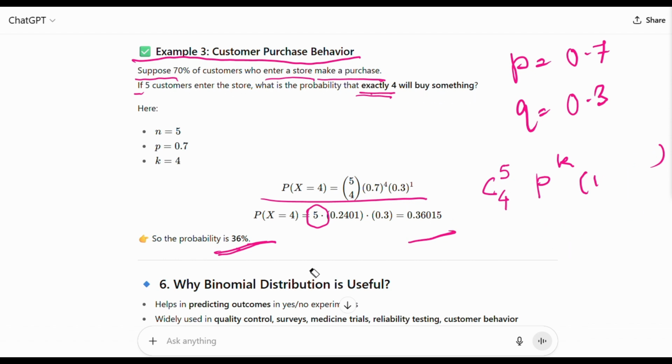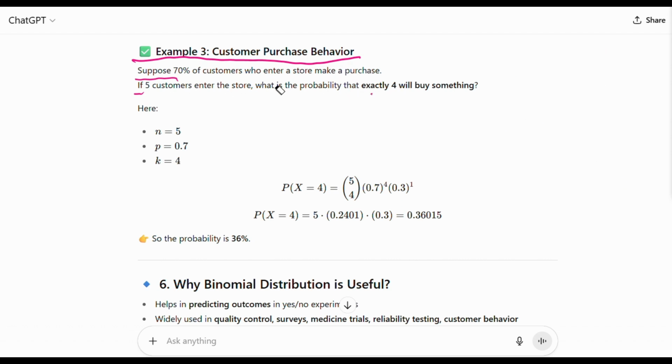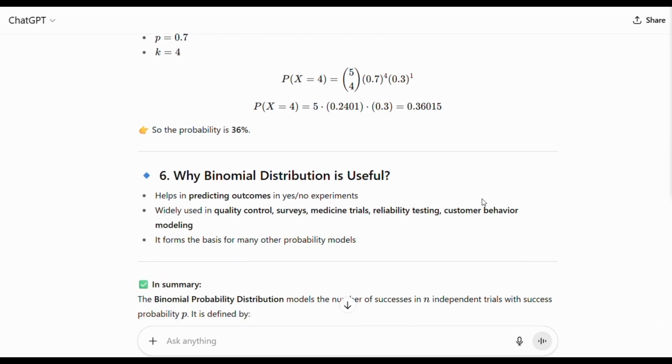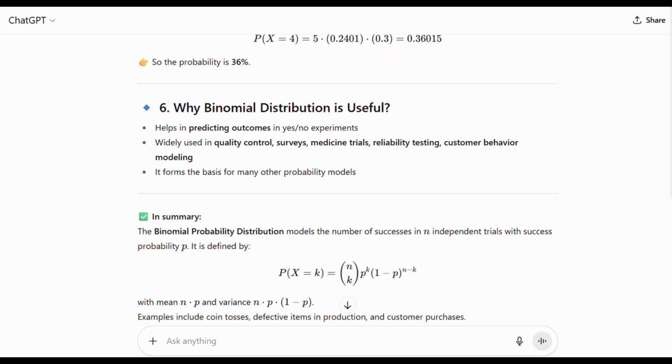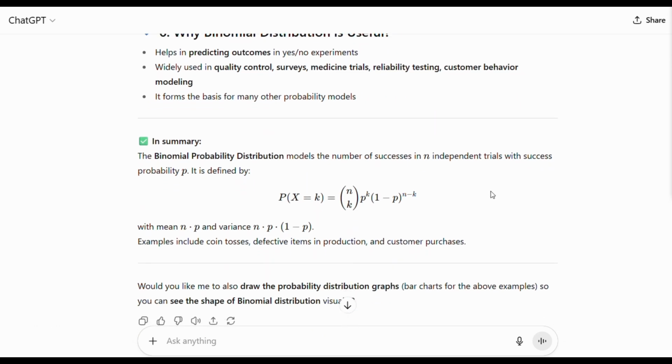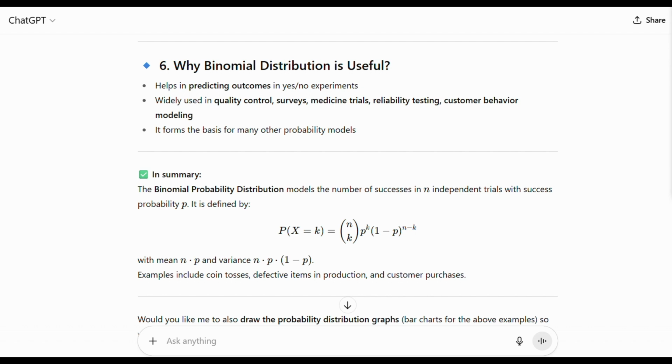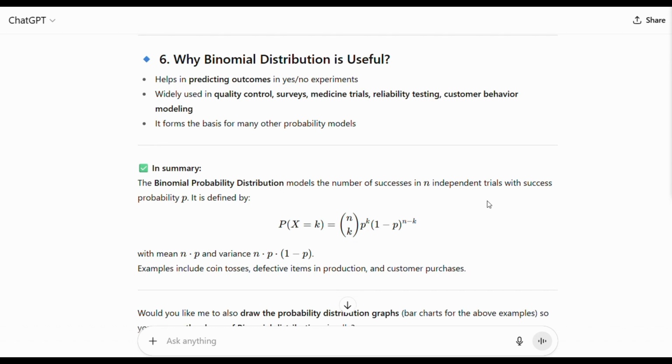So again this is a very interesting practical problem that clearly explains how you can use this binomial probability distribution concept to solve your practical day-to-day problems. So why is this binomial distribution useful?